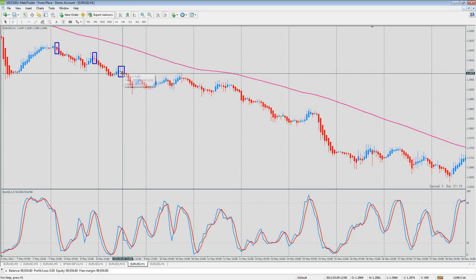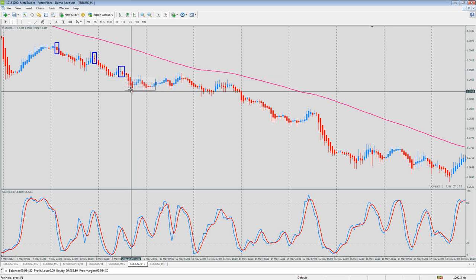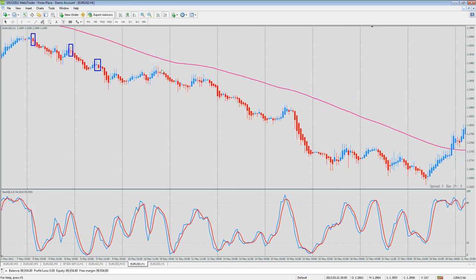And you see the stochastic crossing down, the blue below the red, or the stochastic crossing below the signal line. So this area here at the end of this candle to go short. And again, many signals here. So all these reversal candles, sometimes they will give you more pips, sometimes fewer.